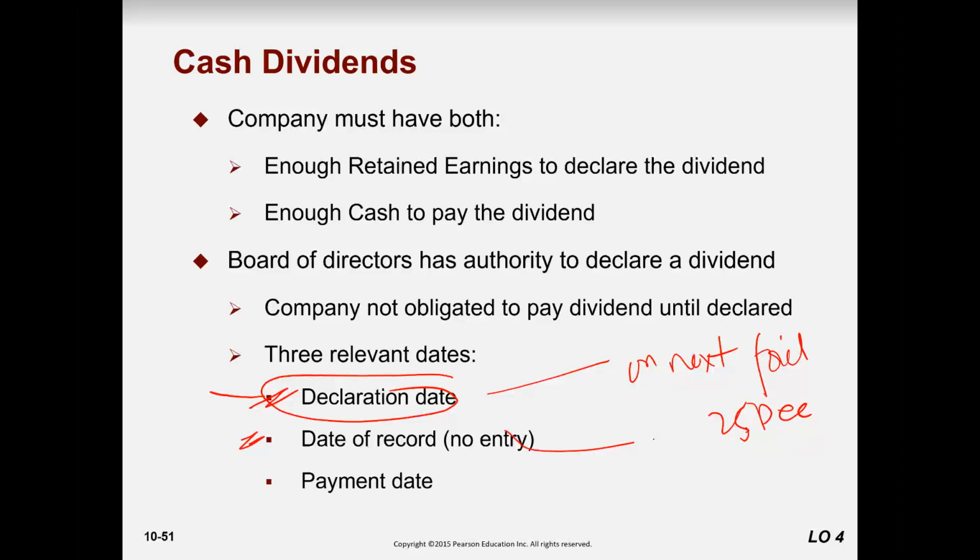And then there is a date of record, which is the 25th of December. You record the transaction and then you pay the dividend to their accounts. So why do we have three dates here?